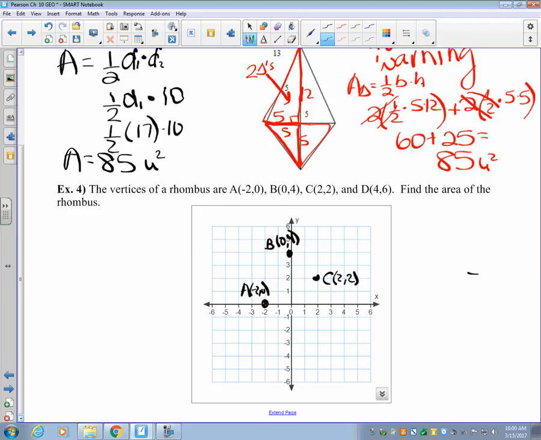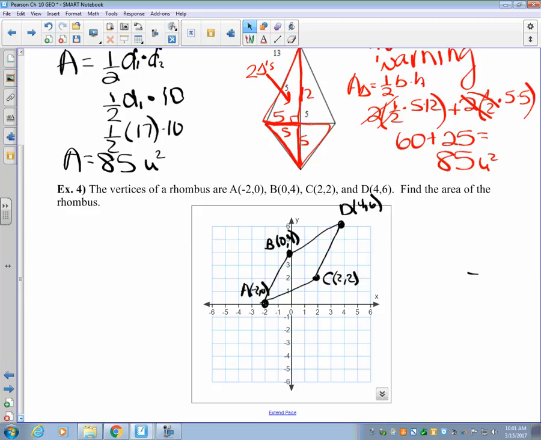And D is 4, 6. Okay, that looks like this guy right here.